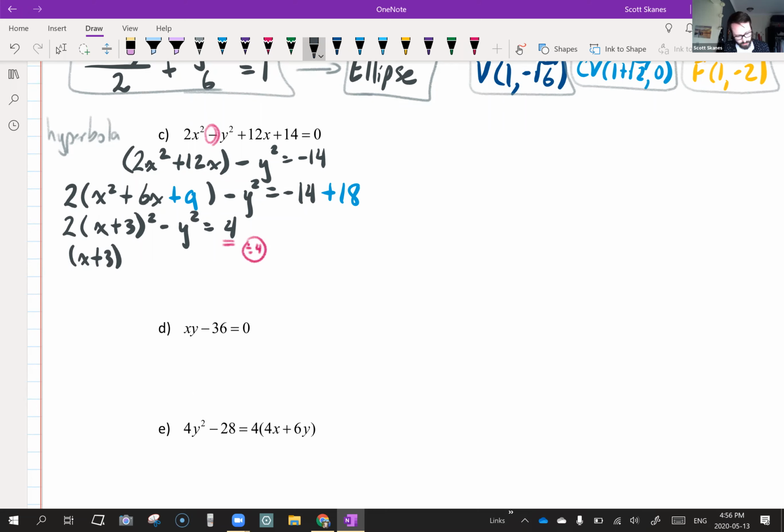You know, x plus 3 squared over 2, just like the calculator gives you, minus y squared over 4, because you're dividing everything by 4. We're done. And in the beginning, I said it was going to be a hyperbola. Now it's confirmed that's definitely a hyperbola.